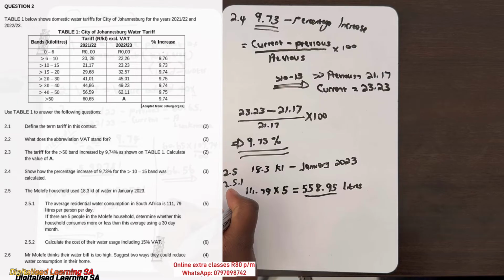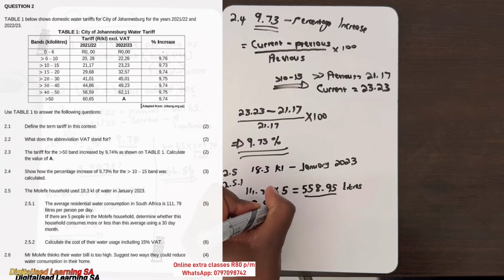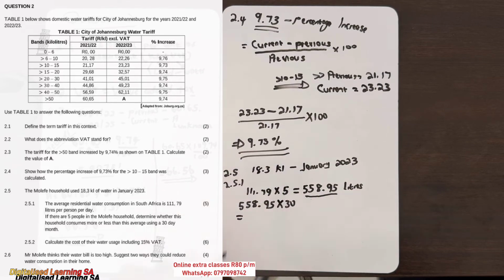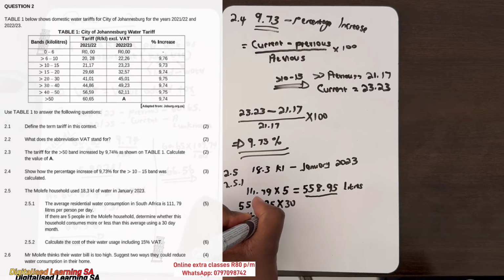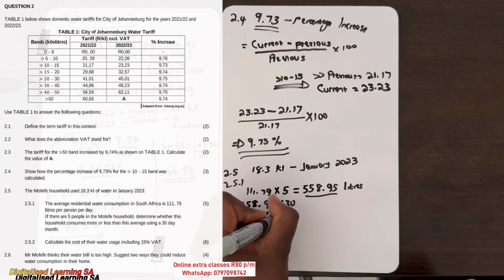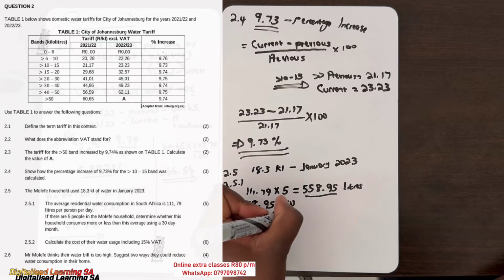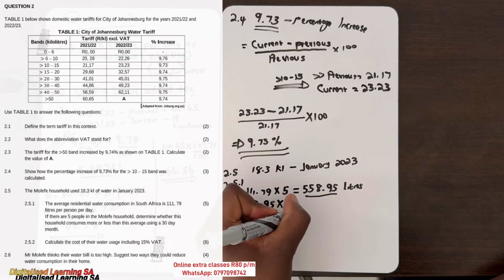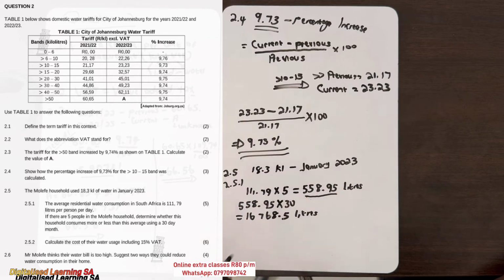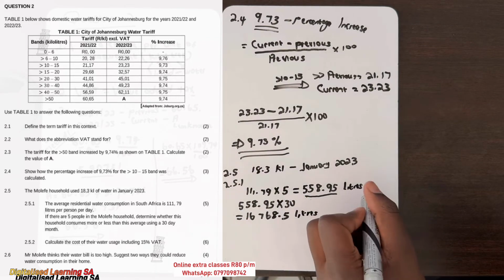So if we take 558.95 liters and multiply it by 30, we will get 16,768.5 liters per month.